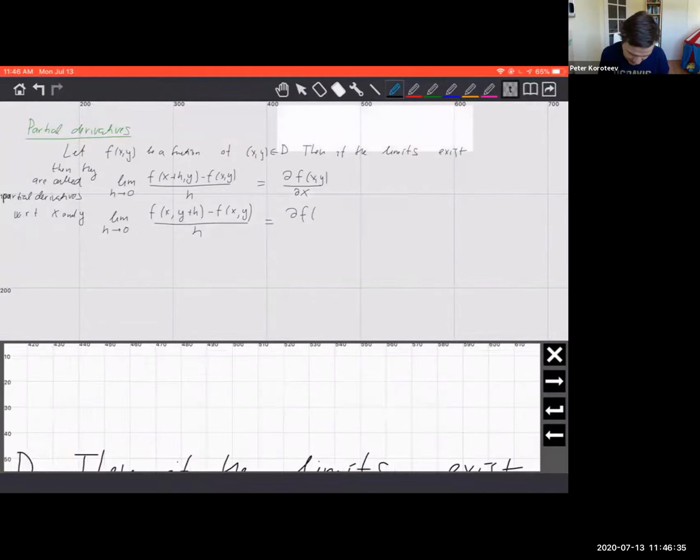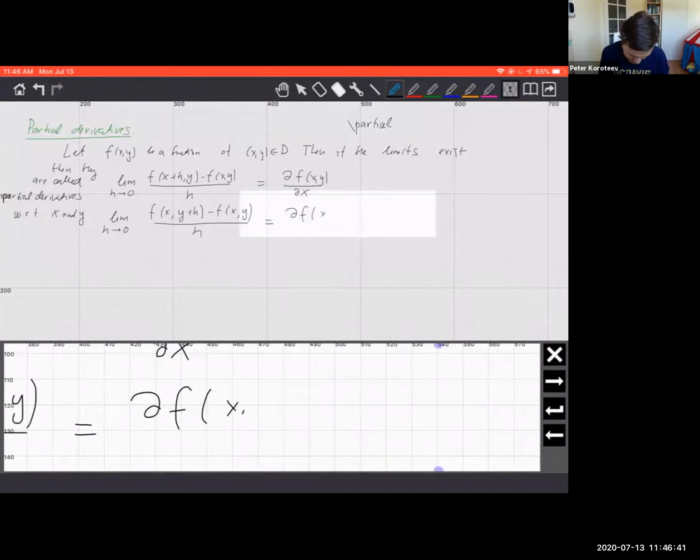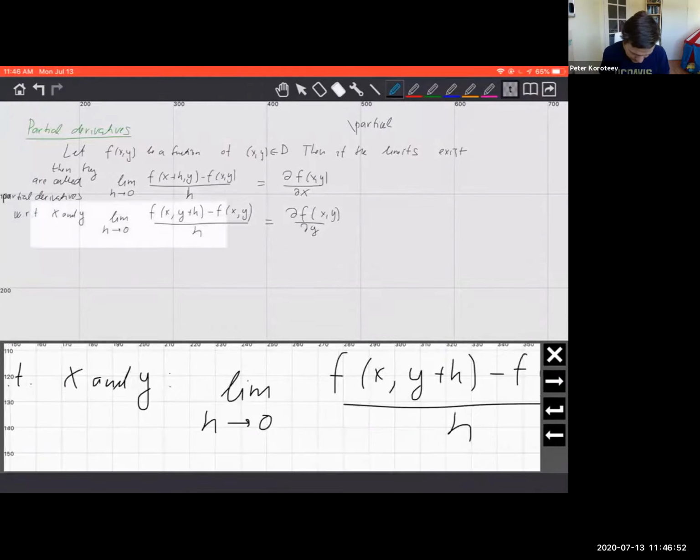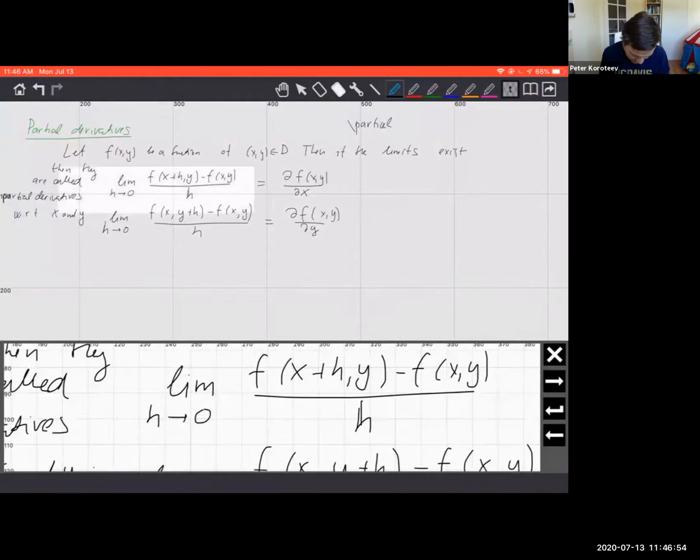In LaTeX, the symbol is backslash partial. Yes, it's h. Thank you. That's right. It's the same letter as in the limit of a function of one variable.